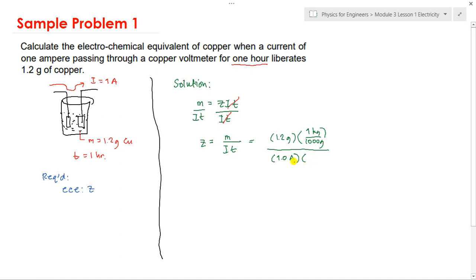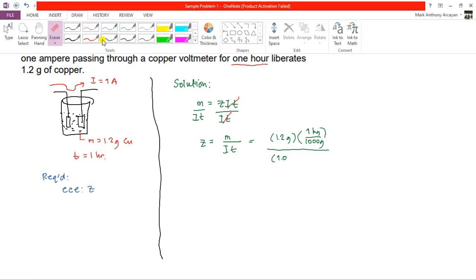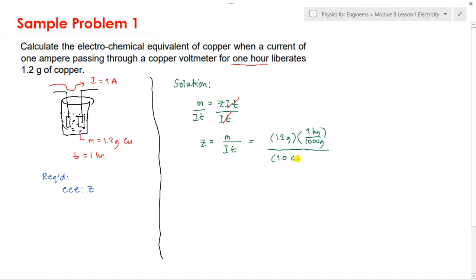Then ampere is equal to 1 coulomb per second, so in terms of coulomb, this is 1 coulomb per second. Then at 1 hour, since this is in seconds, be consistent, so convert hour into second, that is 1 hour is equivalent to 3,600 seconds.